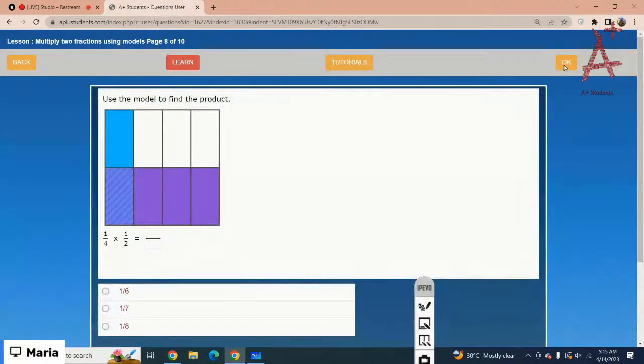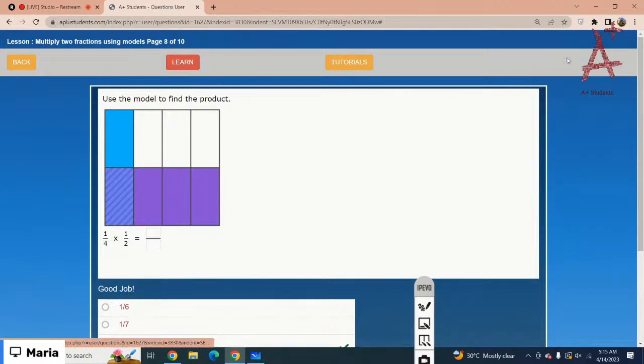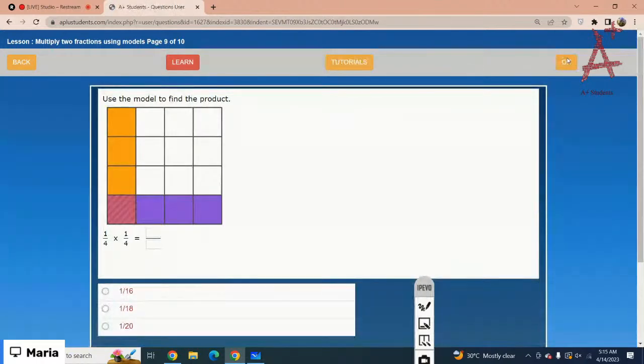Okay, 1 by 4 times 1 by 2. So which is the correct option? It is 1 over 8. Got it? Okay, use the model to find the product. 1 by 4 times 1 by 4. So which is the correct option?